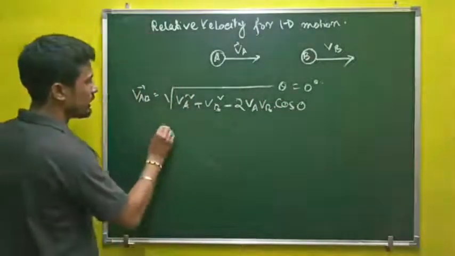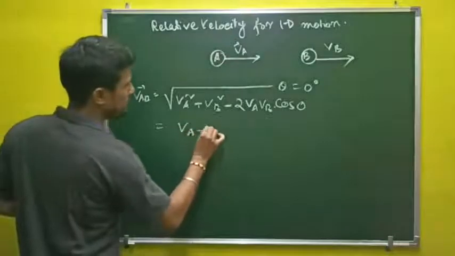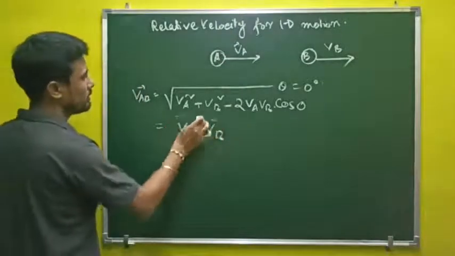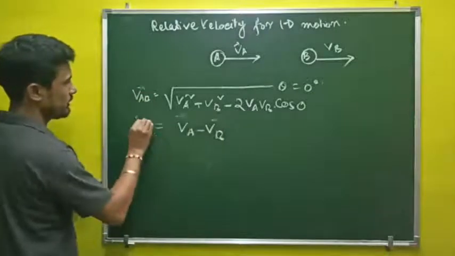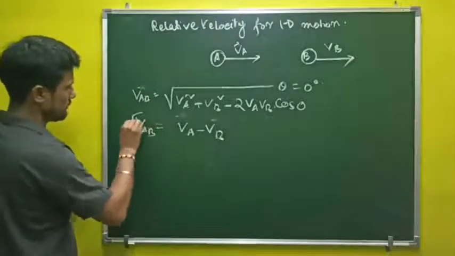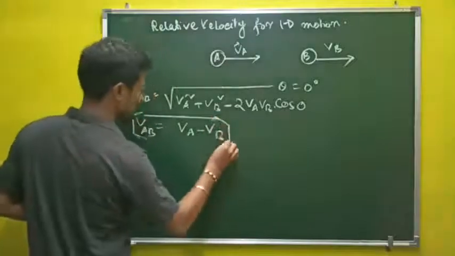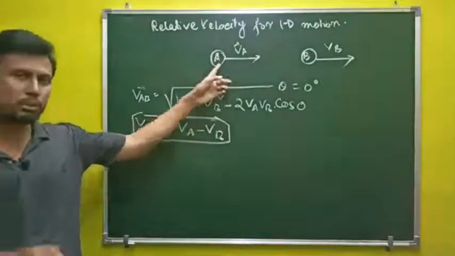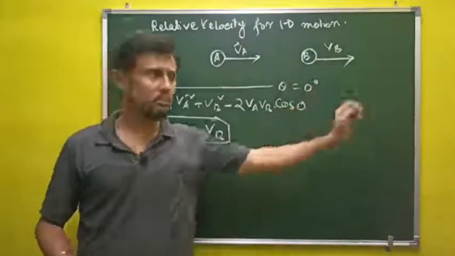So in this case we can write VA minus VB. There will be no directions. This is the relative velocity of this particle if both particles are moving in the same direction.